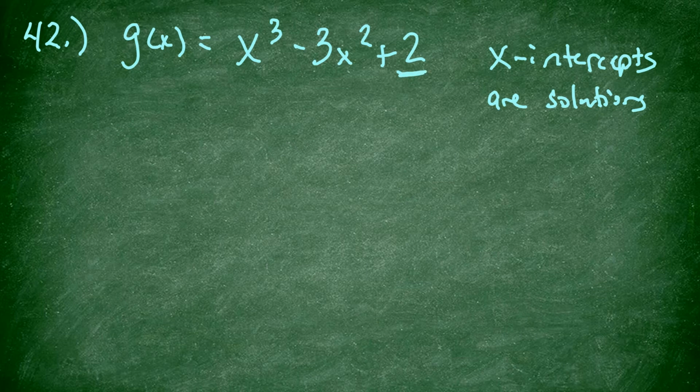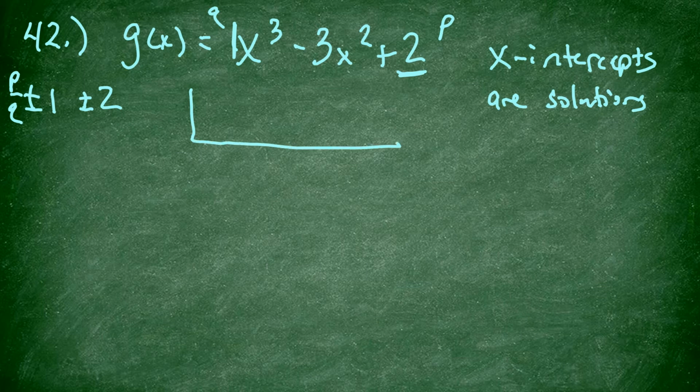So there's my p, there's my q. I do my p's over my q's, so I have plus or minus 1, plus or minus 2. And then I'm going to make my box. Now remember, you need a placeholder, because there's no x to the first power.